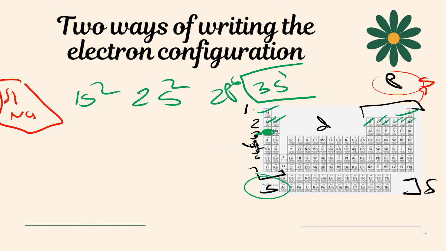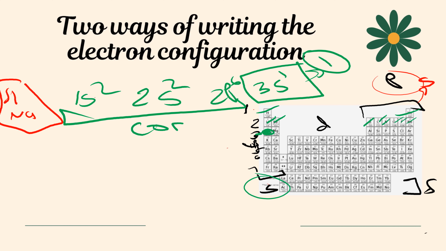The valence electron would be 3s1, which is 1 valence electron, and the rest would be the core electrons.